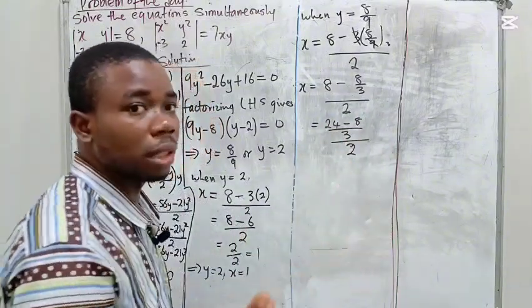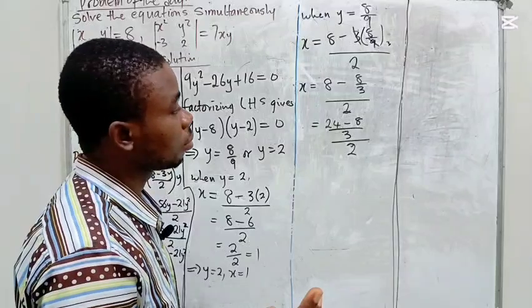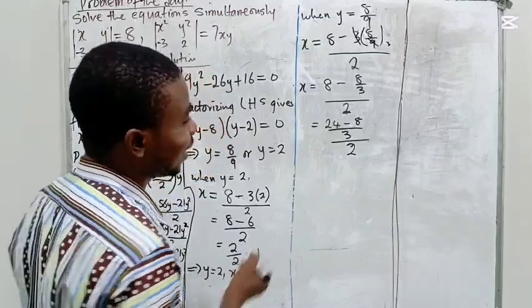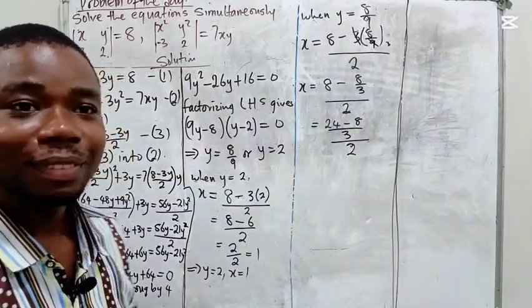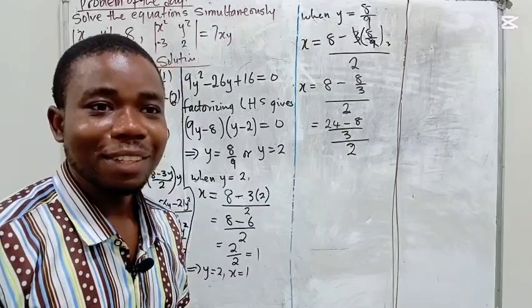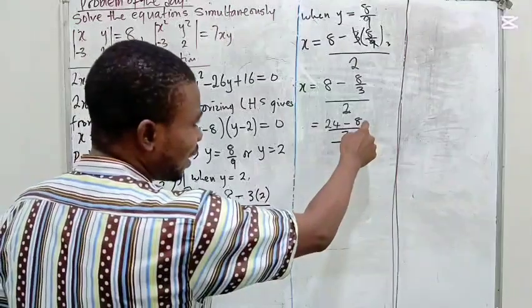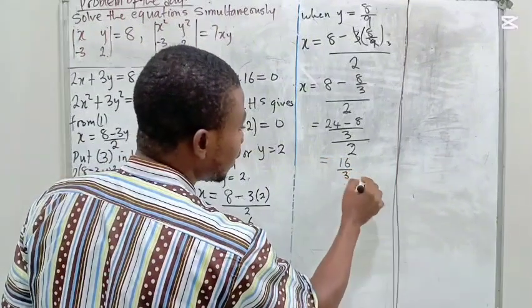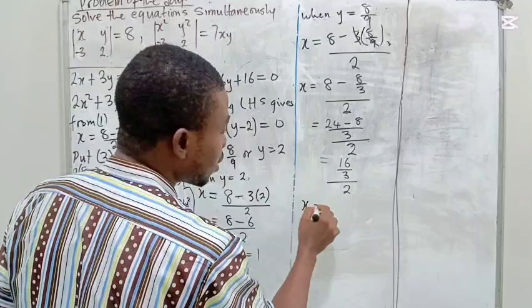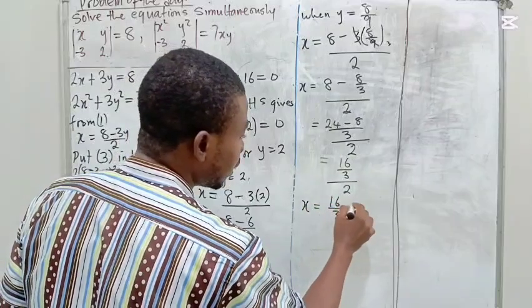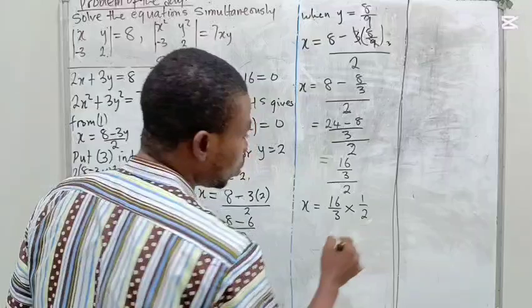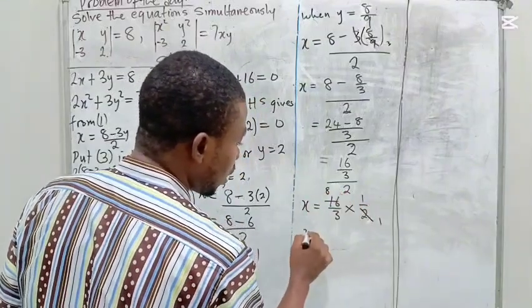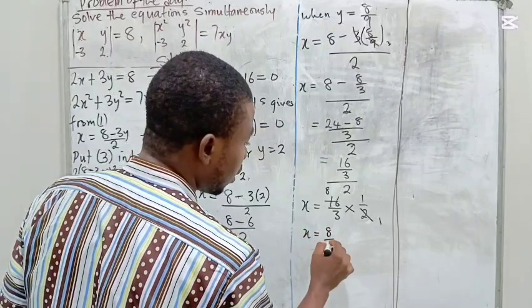Okay, 24 minus 8 is 16. So this will give us 16 over 3 divided by 2. By reciprocating, x is equal to 16 over 3 times 1 over 2. 2 divides 2 once, and divides 16 eight times. So x is equal to 8 over 3.